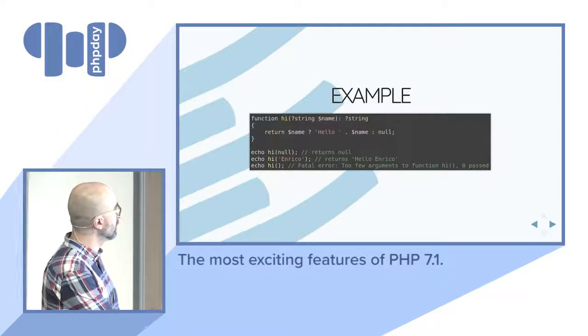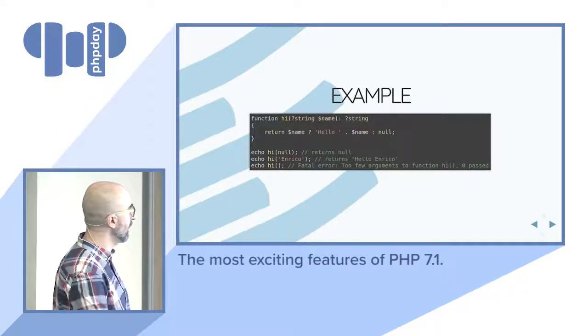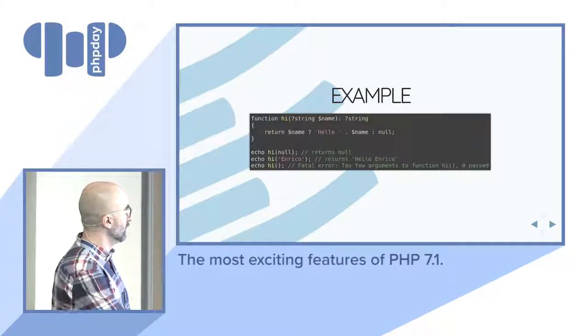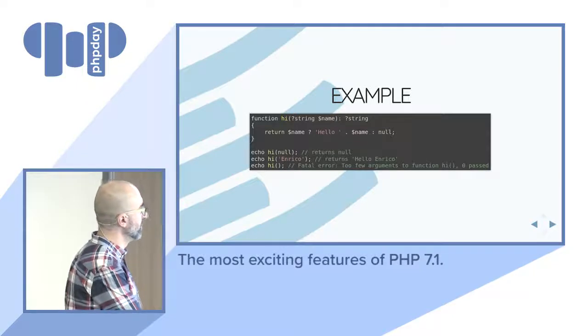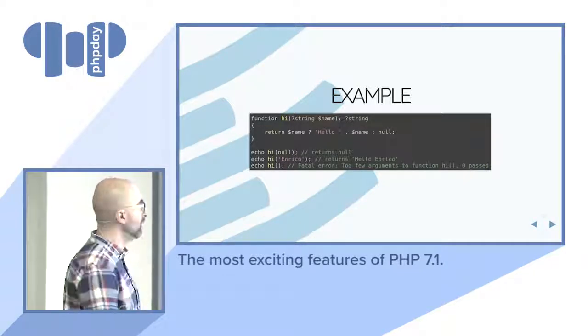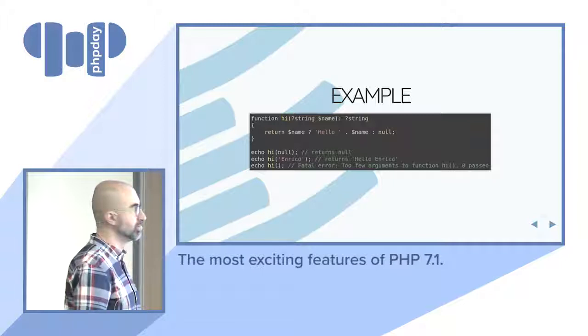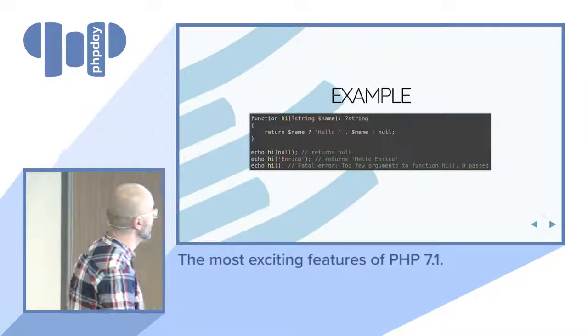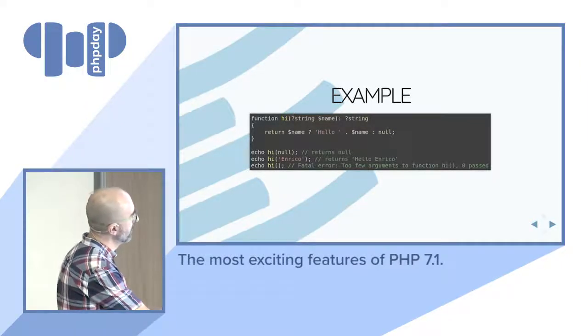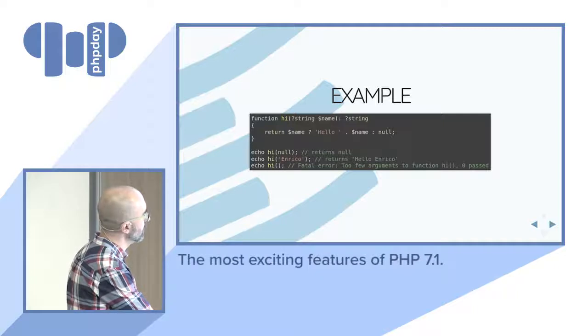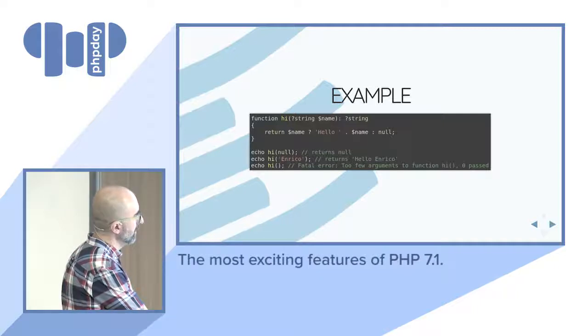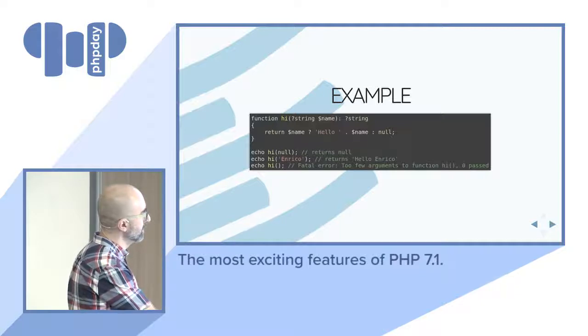Basically here we are just returning the string hello with the name, if you pass something that is not null. Otherwise, we just return null. So very toy example. You can, as I mentioned, pass null as a parameter. That is valid because we accept null or a string.